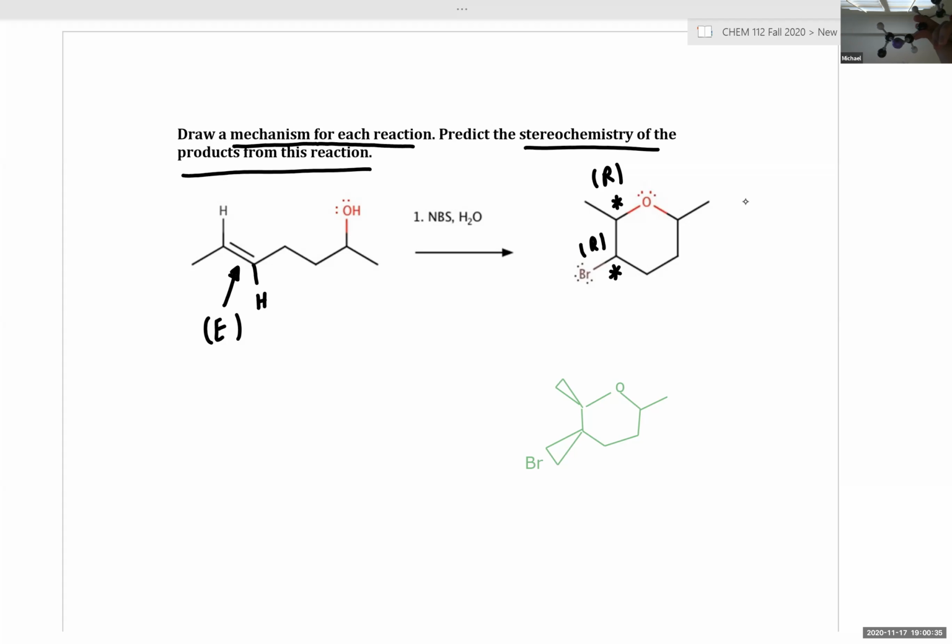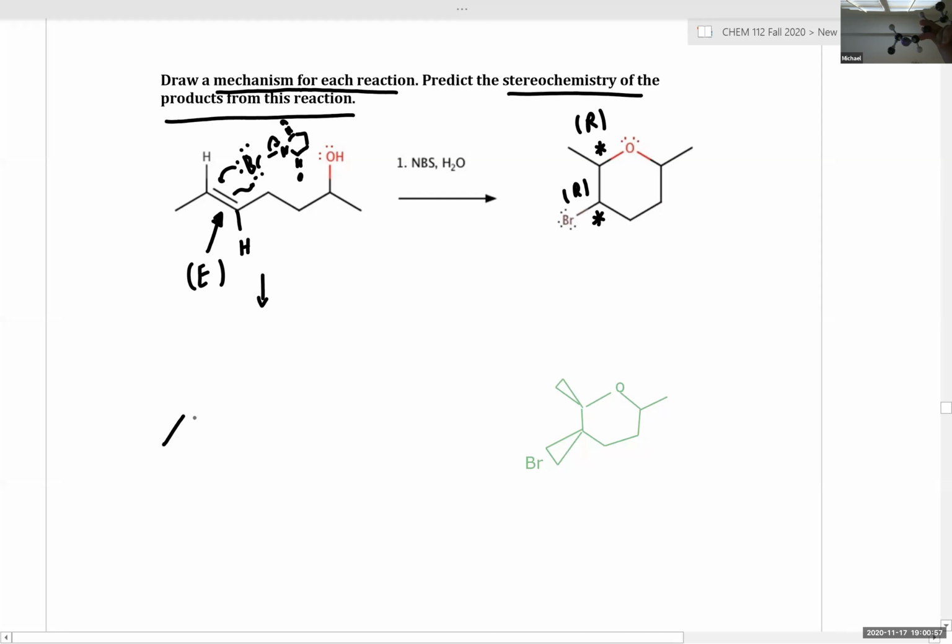Okay, so now that we have our first step set up, we are just going to draw what we see. Always want to make sure that we're able to see the mechanistic steps for this reaction.